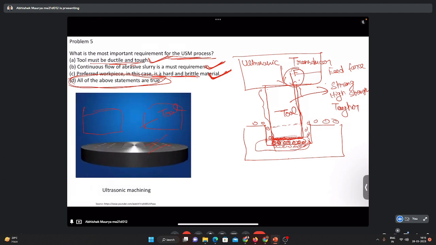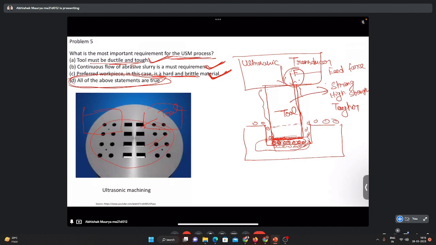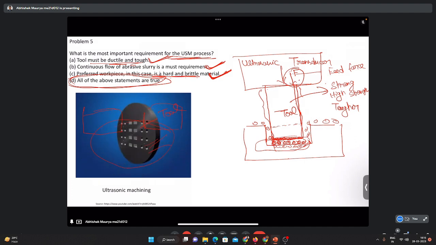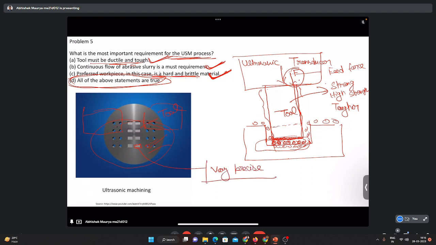After the machining, we have got these shapes, and they are very precise. Since only well localized deformation is happening, these holes are very precise. So for this problem, the correct answer is D.